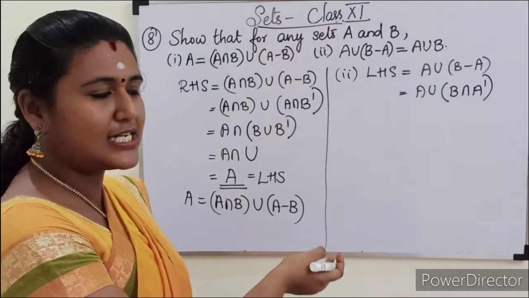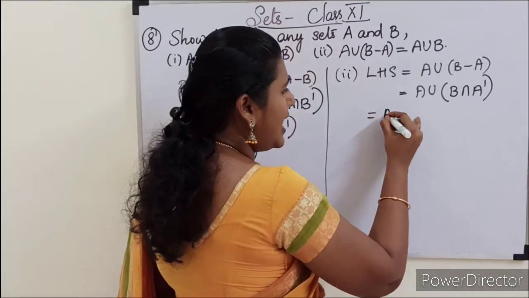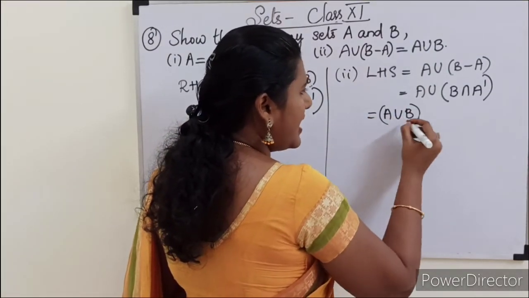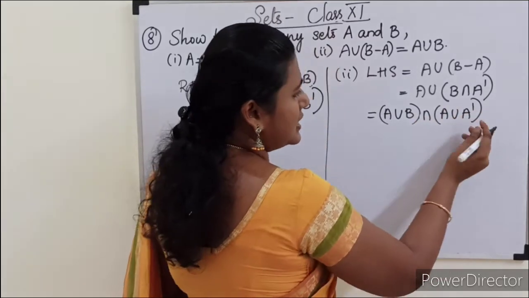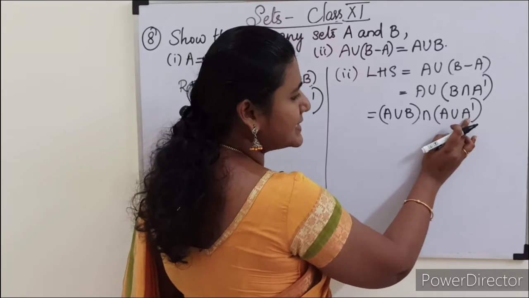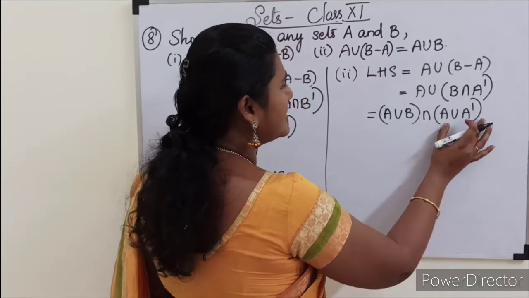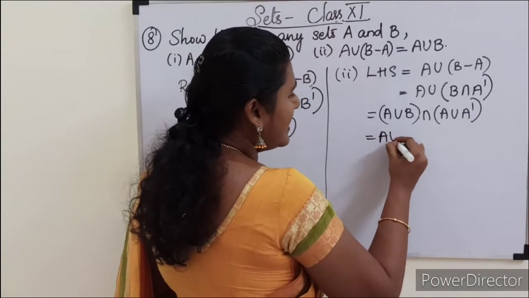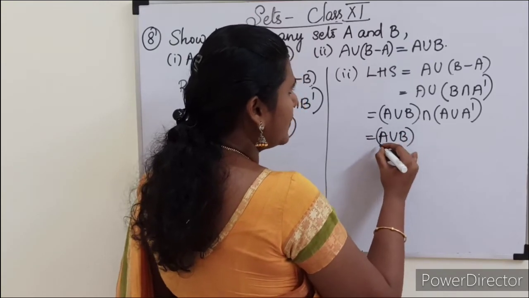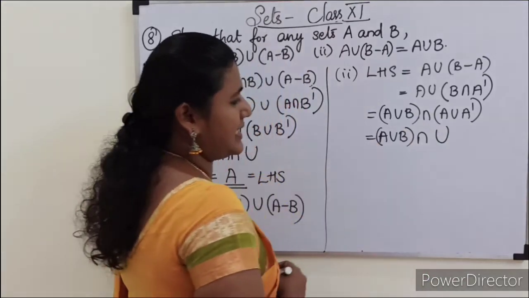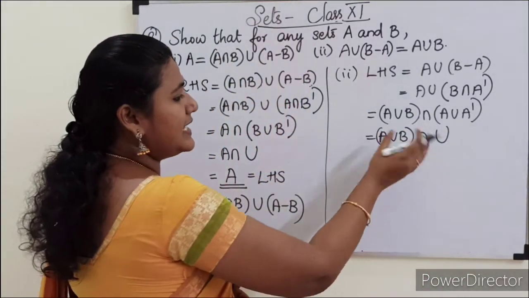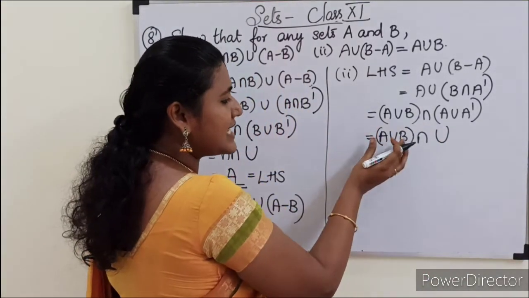Now we will use the distributive law: (A union B) intersection (A union A complement). Now you know that a set and its complement, when united, give the universal set. So here we can write the universal set: (A union B) intersection the universal set. What is the intersection of the universal set and this smaller set?